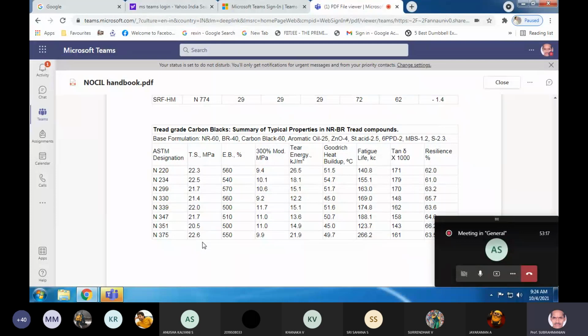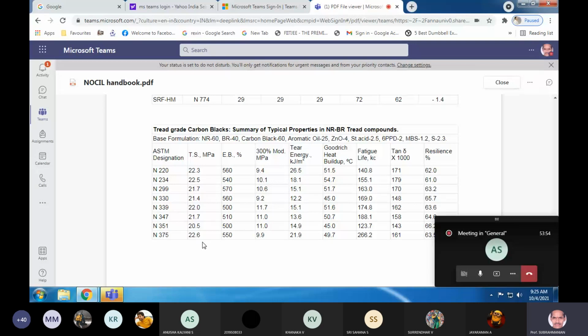So take a close look at the other parameters. You yourself can make out how, within the given particle size, by varying the structure, I can vary the other vulcanized rubber properties. You take N220 and N234. 234 is ISAF, high structure.